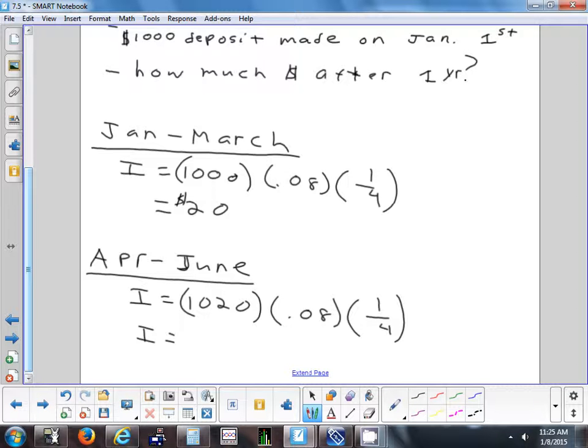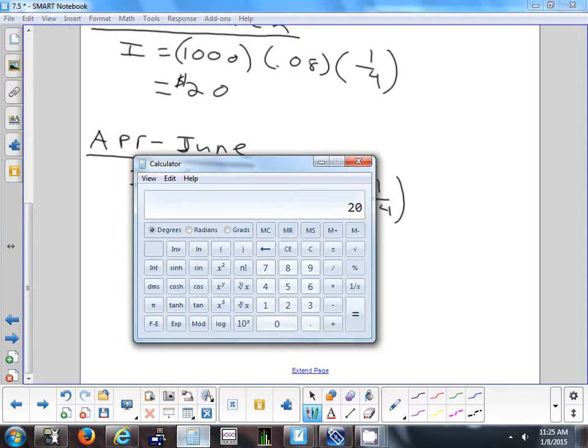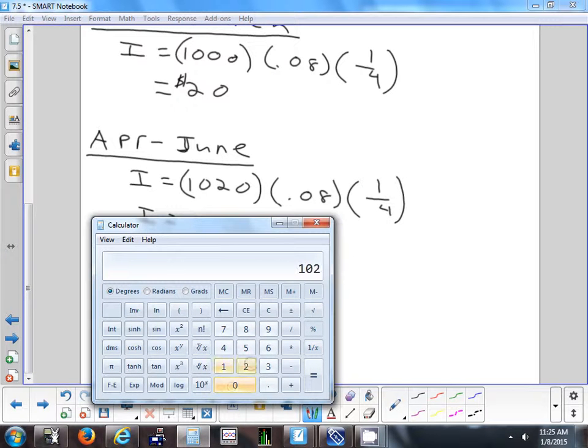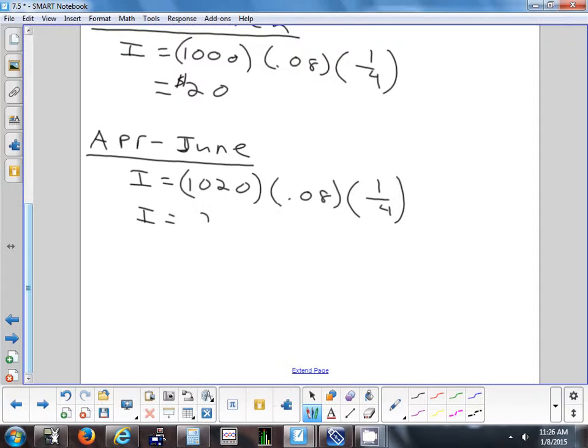A little bit more, because my principal is a little bit higher. Let's see what we make. 1,020 times 0.08 times 0.25. Not that much more, but a little bit. $20.40.